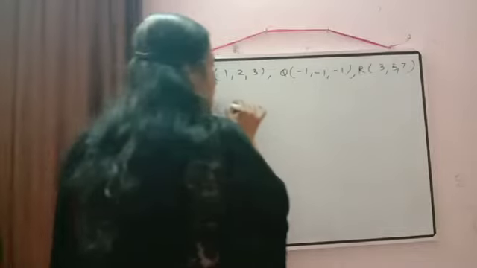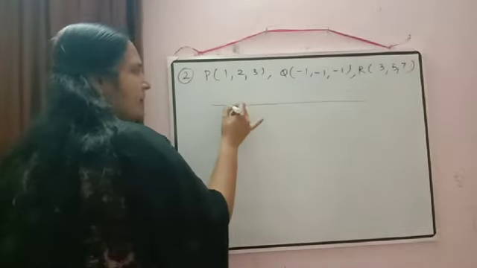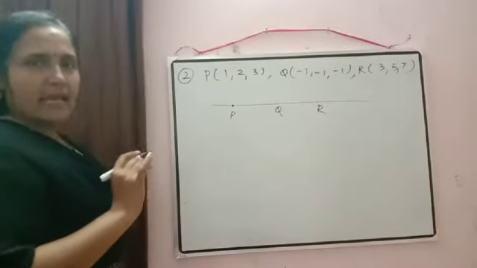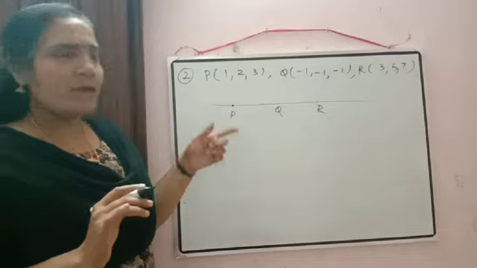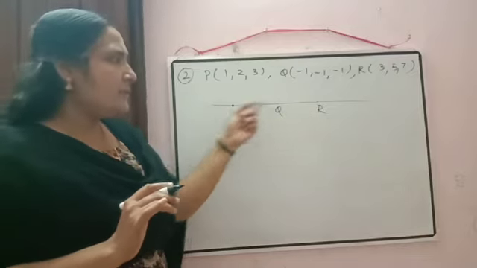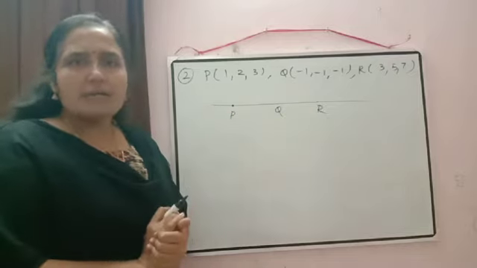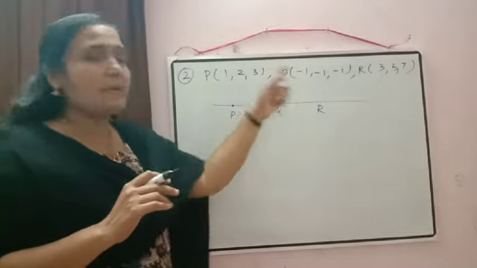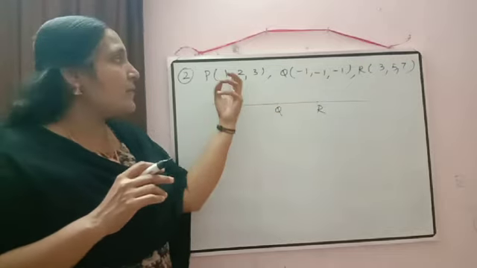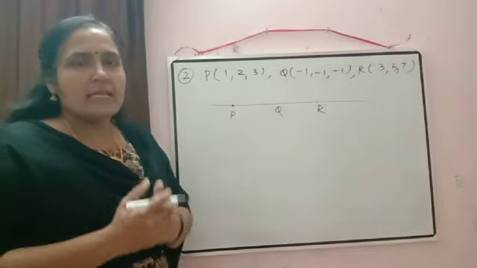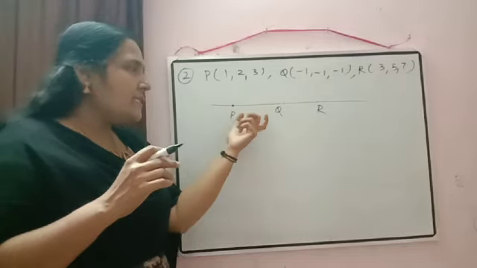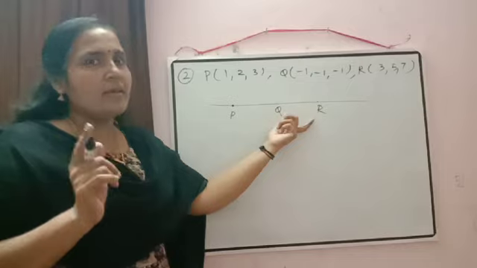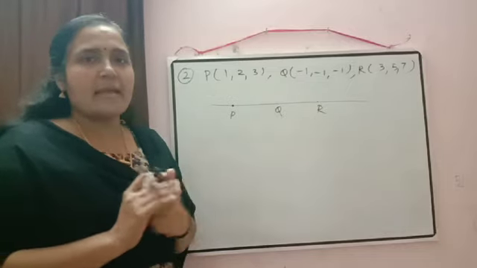If they are in the same line, the points can be P, Q, R in any order. So the addition of two line segments should be equal to the third line segment. It is not necessary that PQ plus QR only should be equal to PR. That will depend on the distance. When we calculate, then we can check. So if the addition of two line segments gives you the third line segment, then only we can say they are in the same line.